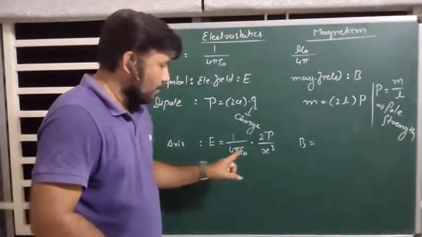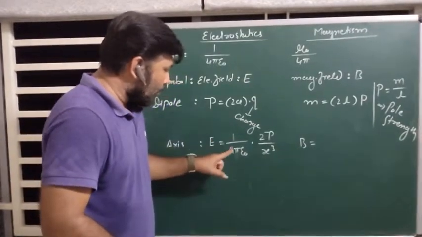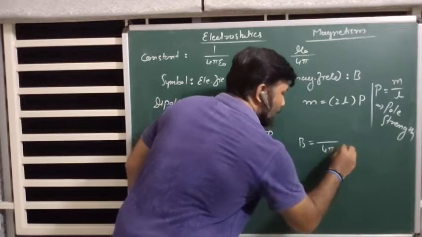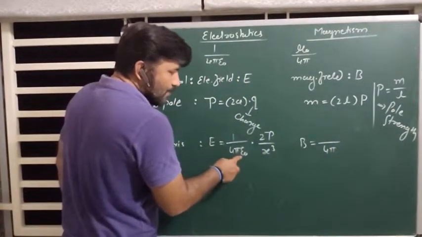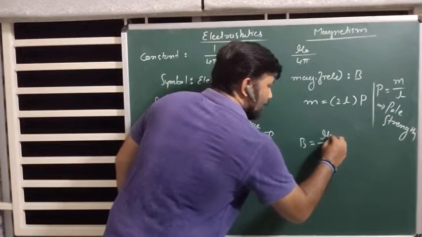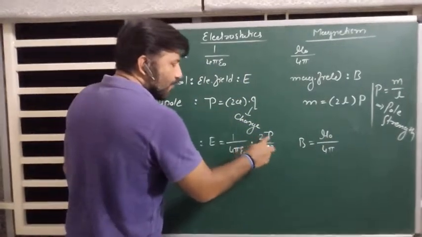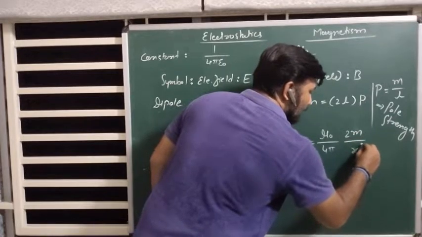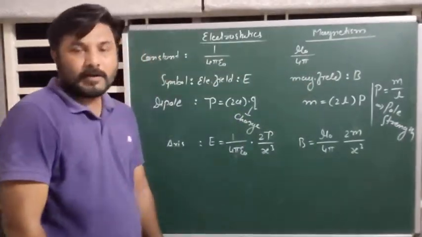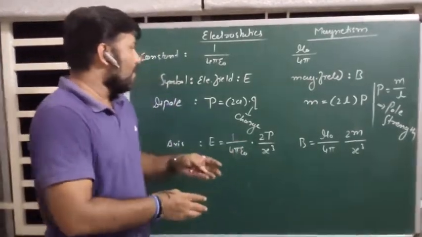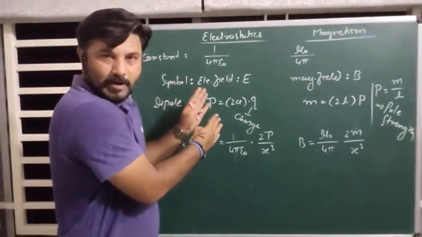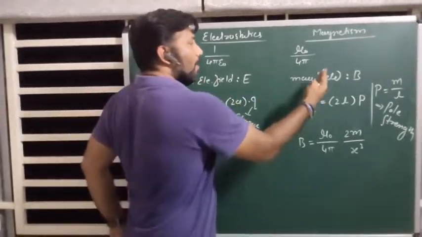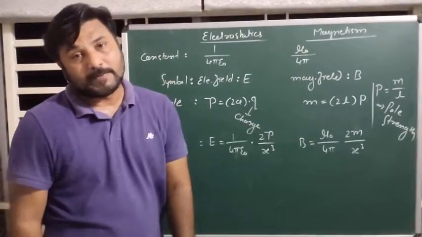Instead of E, B; 1 upon 4 pi as it is. Instead of 1 upon epsilon 0, we are writing mu 0. Instead of 2p, we are writing 2m upon x cube. Got it? So in this way, from the equations of electric field in electrostatics, by changing a few symbols, we will have the equations of magnetism.